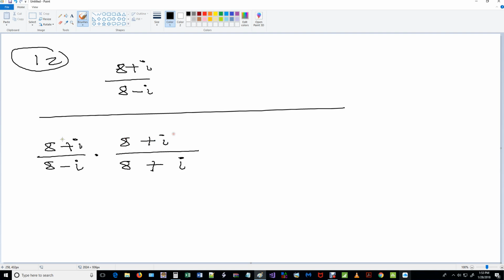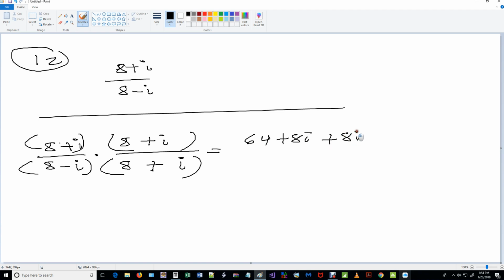Now you actually have to use parentheses, because now we're multiplying on top. 8 times 8 is 64. That's first. Outer will be 8i, inner 8i, and last will be i squared, because i times i is i squared, and that happens to be minus 1, but we'll do that in a minute.